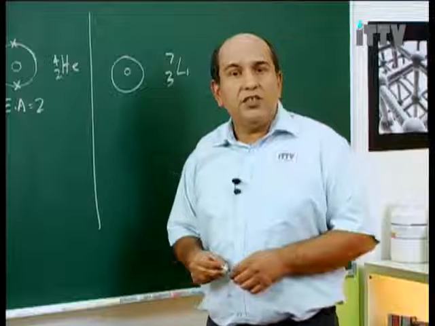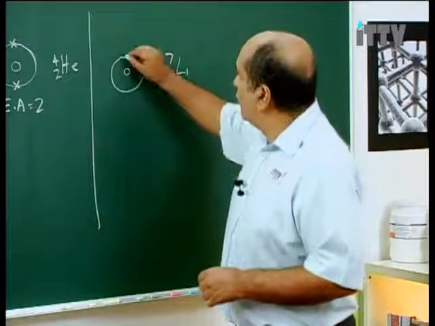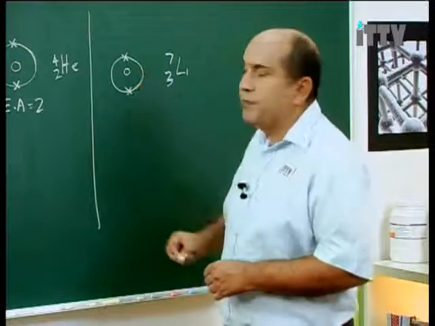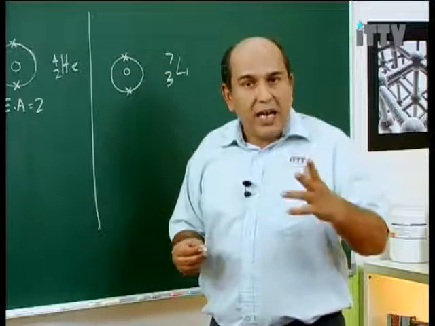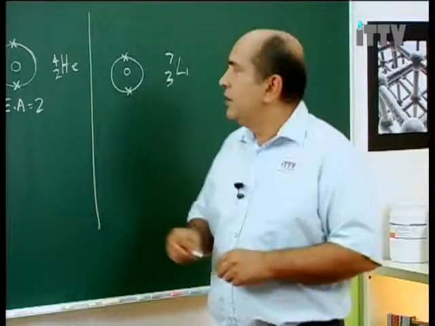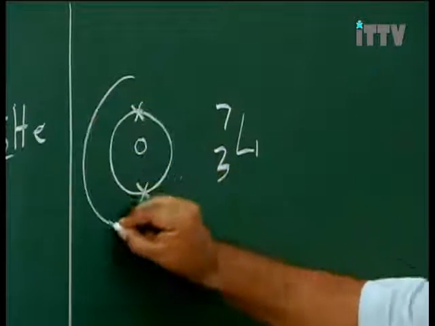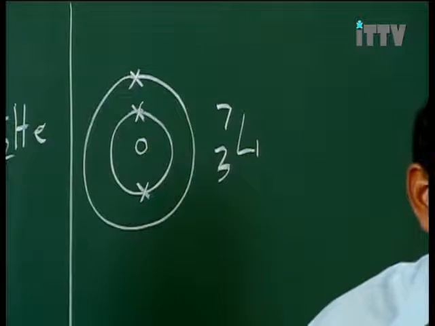Now remember, the first shell can only take a maximum of 2 electrons. So we put 2 in, 1, 2. This leaves me with 1. This 1 electron must be placed in the next shell. So we draw in the second shell and we put that electron in there.